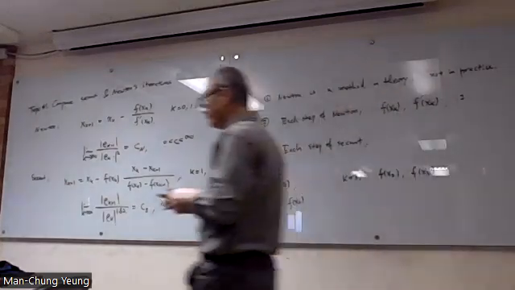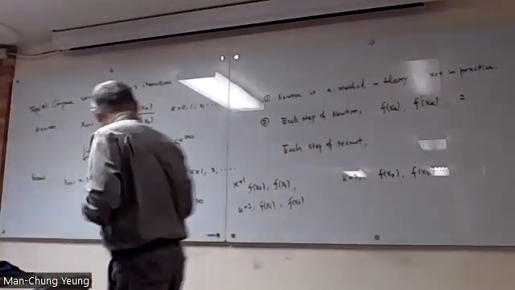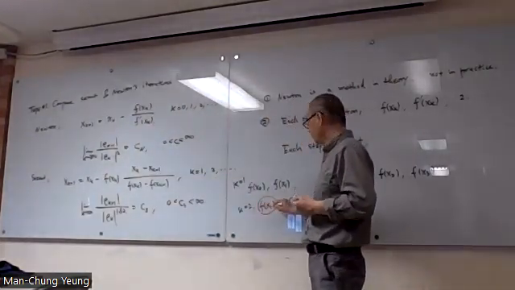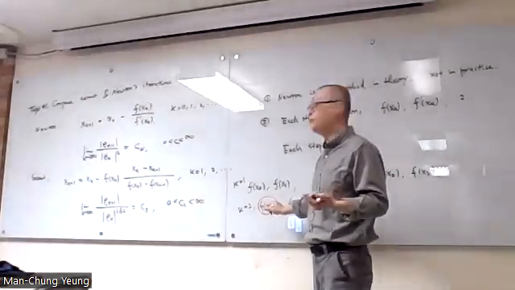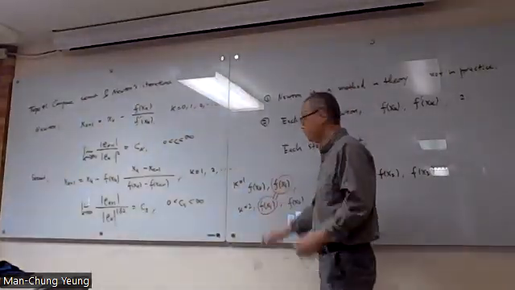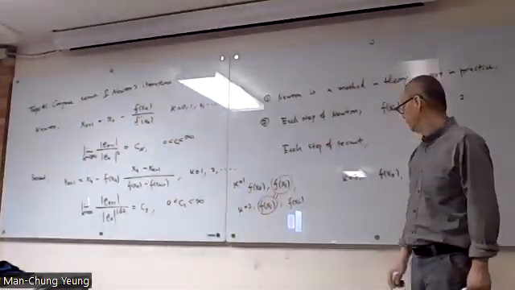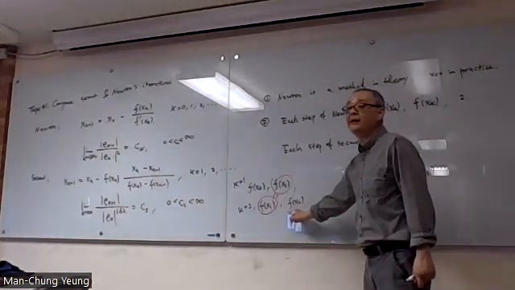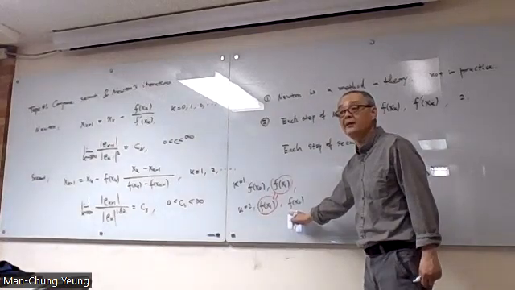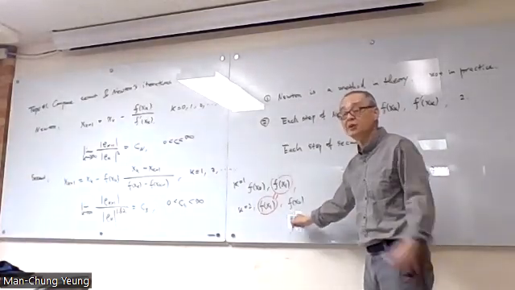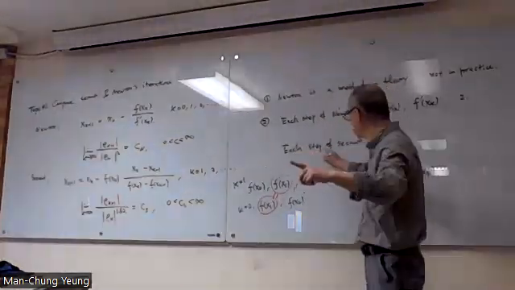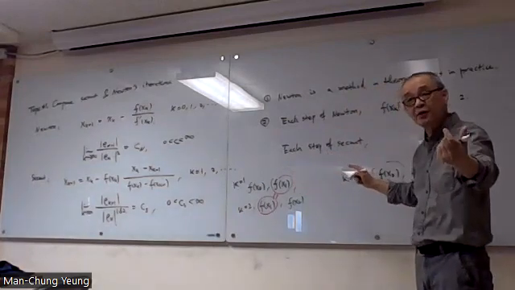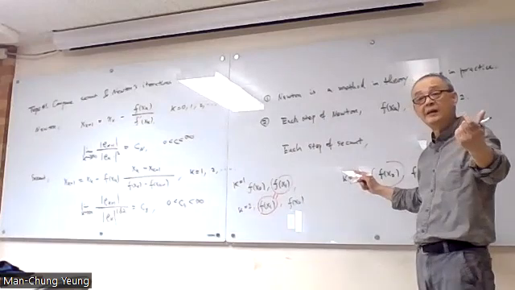Okay, but this x1 is already computed here. See, this x2 here, we already get x2 from the previous step. So actually, each step of the secant method, how many function evaluations do we need to perform?